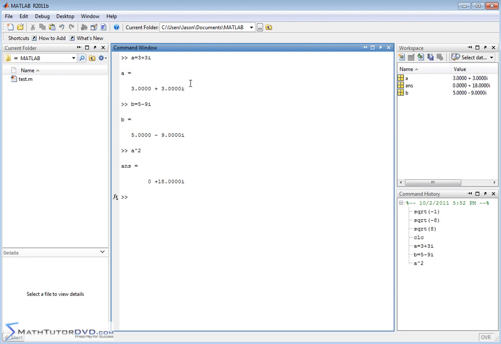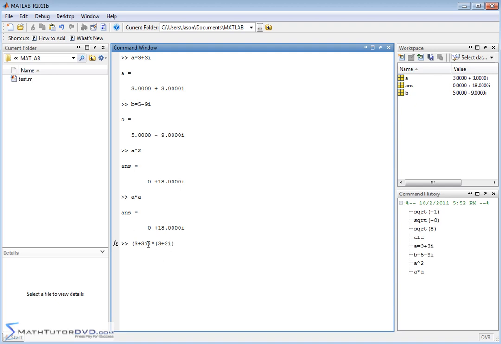In fact, we'll do a squared and we'll get the answer 18i, and I'll go ahead and compute manually a times a, which is this complex number there. So whenever we do this, that's the same thing as saying 3 plus 3i times 3 plus 3i.